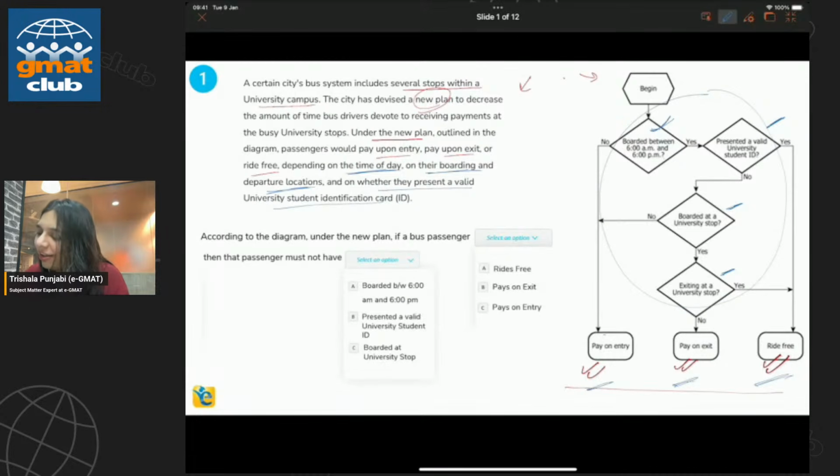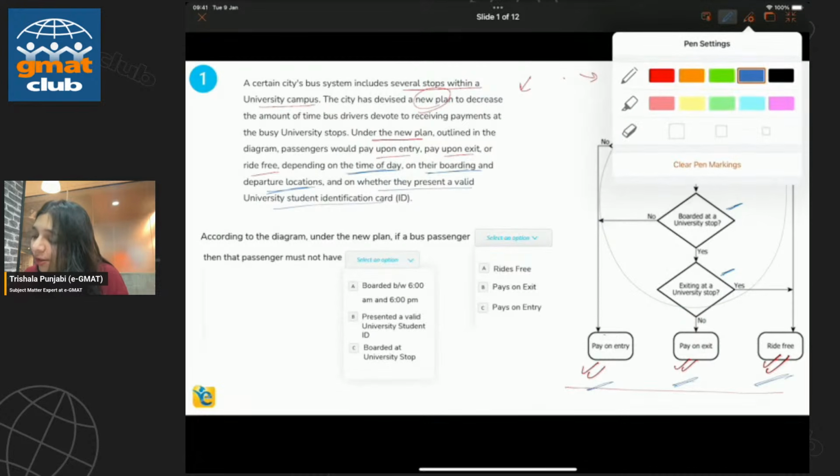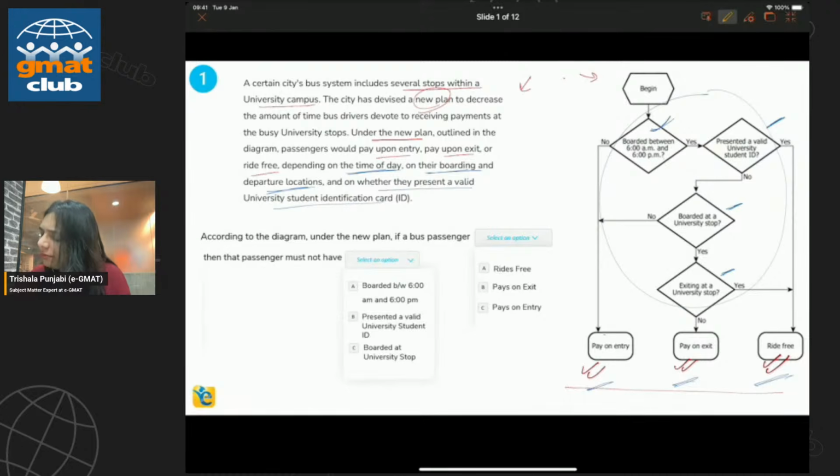I really want you to pay attention to this particular methodology. For getting the first outcome, pay on entry, there are two flows. Flow one is that they did not board between 6 a.m. and 6 p.m., and flow two is that they did not board at a university stop. So this has two flows.